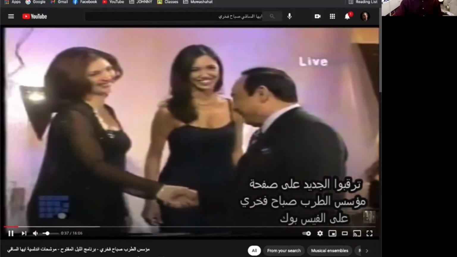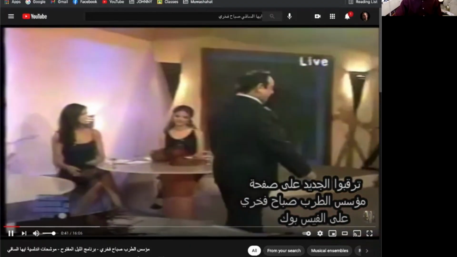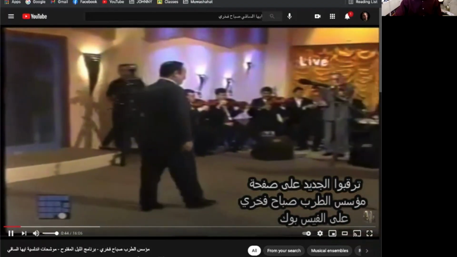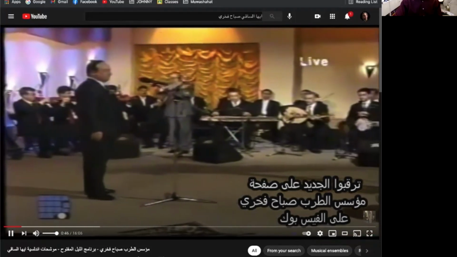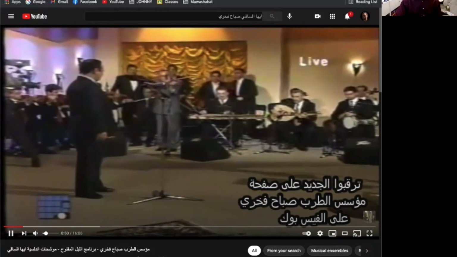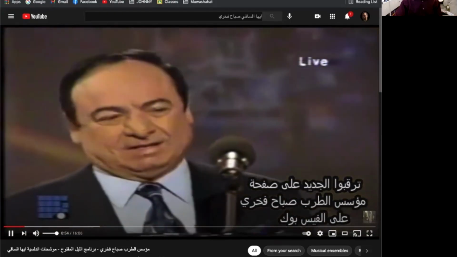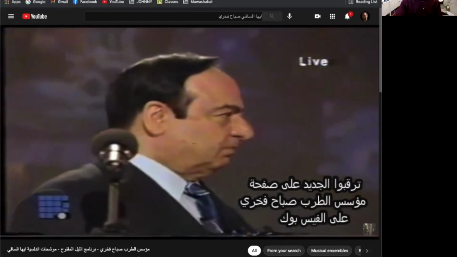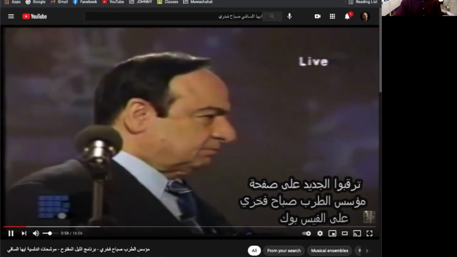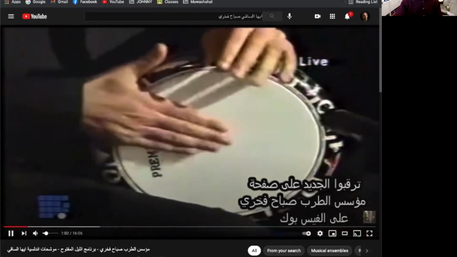This is a dulab, a cyclical short instrumental composition. And this is Maqam Huzam. Not the only one in Maqam Huzam; there are many dawalib, plural of dulab, in Maqam Huzam.